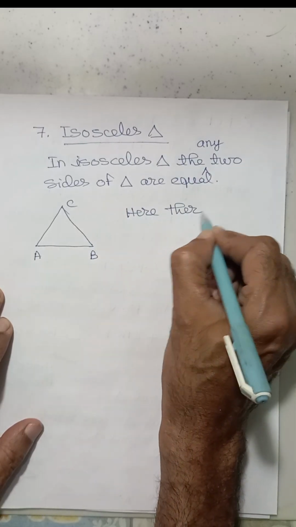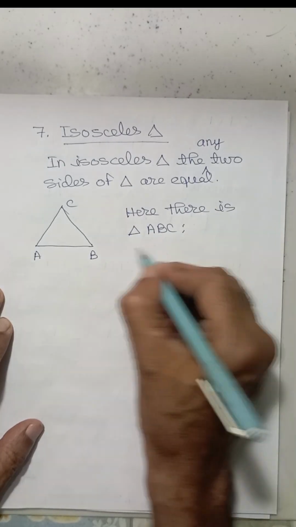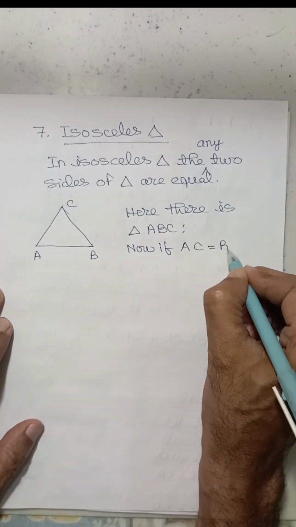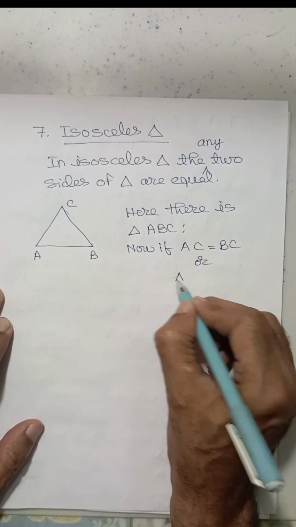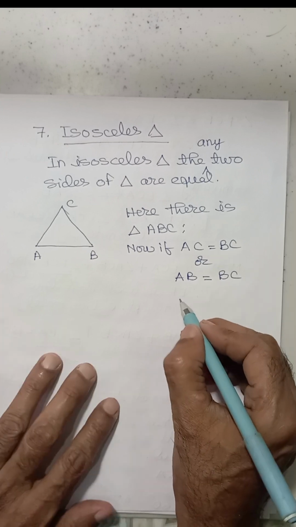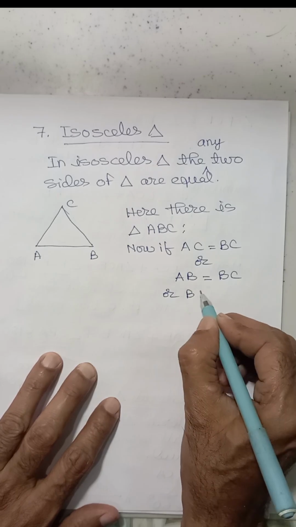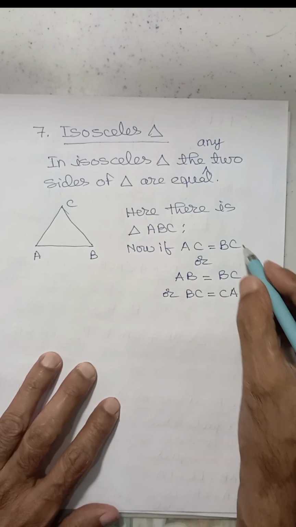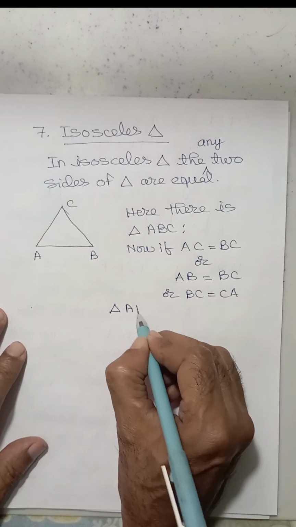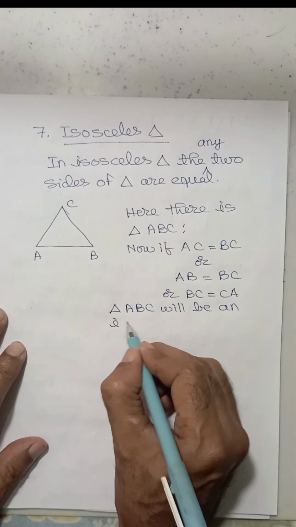Now if AC is equal to BC, or AB is equal to BC, or AB is equal to CA, in all these three cases, triangle ABC will be an isosceles triangle.